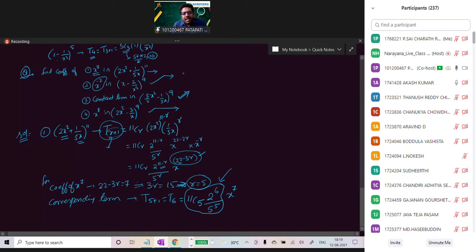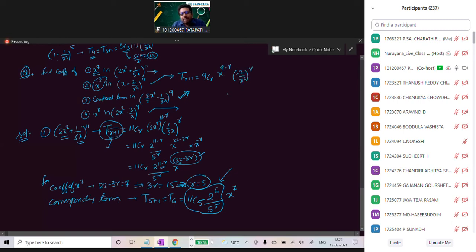So if you take T(r+1) equal to 9Cr (minus 2 by x square) whole power r, x power 9 minus r, the power of x will be 9 minus 3r. If it is equal to minus 7, 3r is equal to 16, so r is equal to 16 by 3.